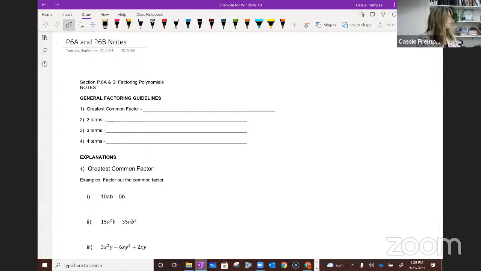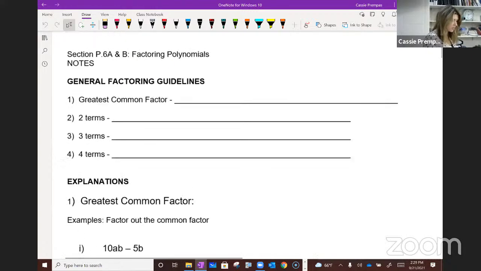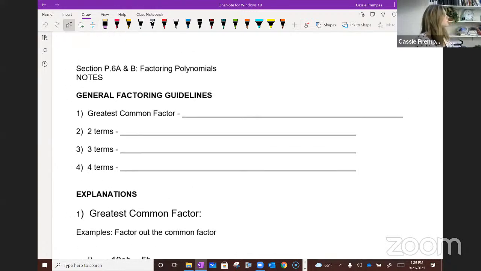All right, ladies and gentlemen, if I could have your attention back up here. Today's notes are arguably one of the most important as far as what skills you will need that will be used over and over again in Algebra 2.